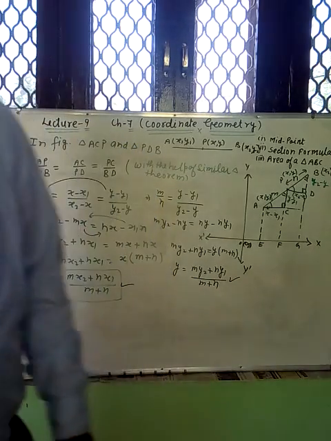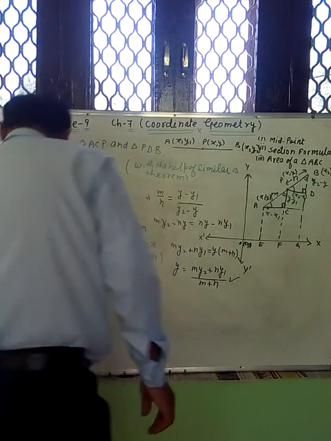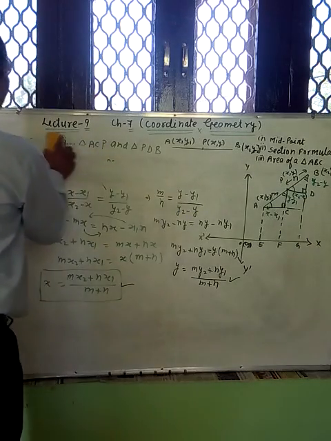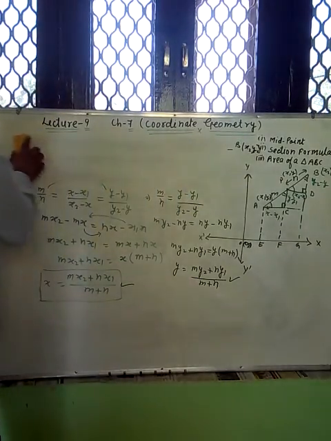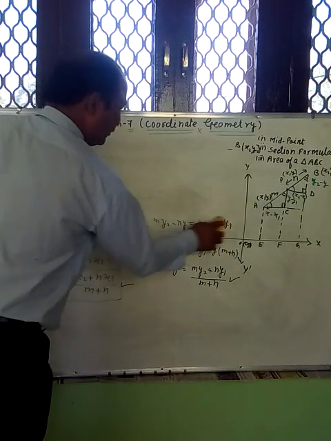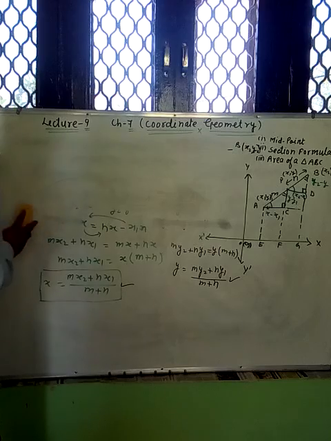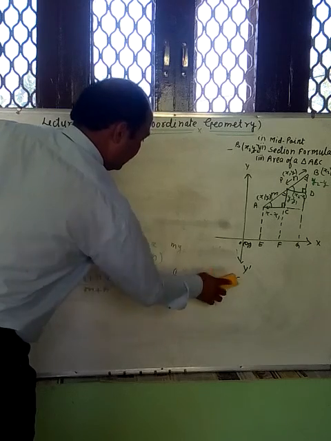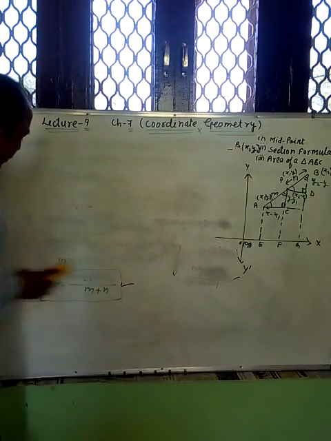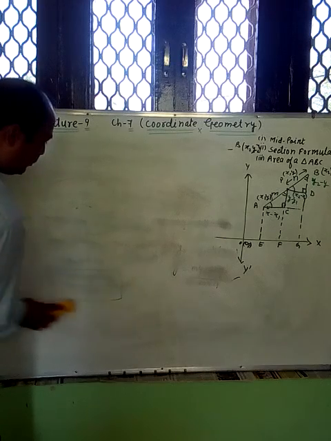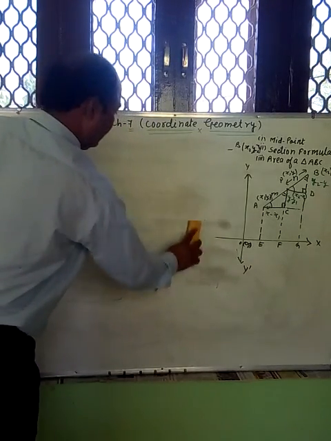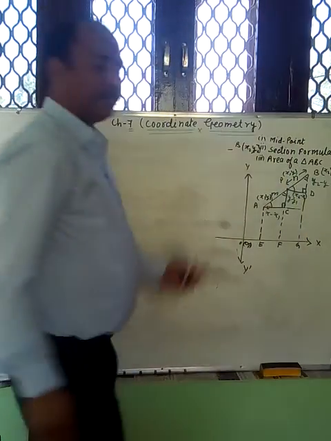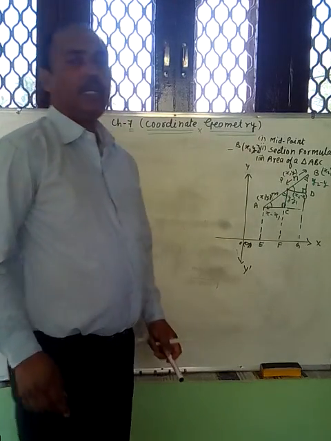Now the next point, the third point, is to find the area of a triangle.